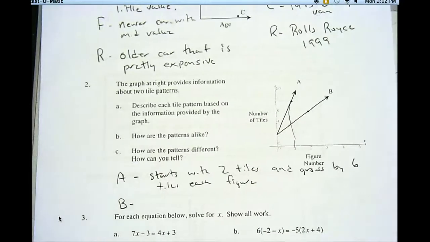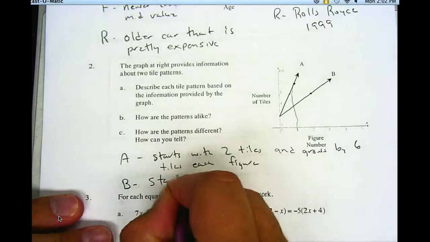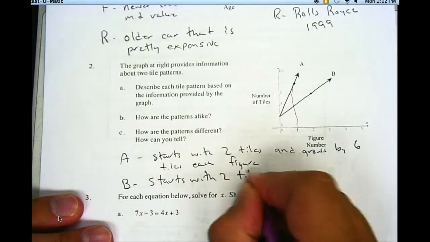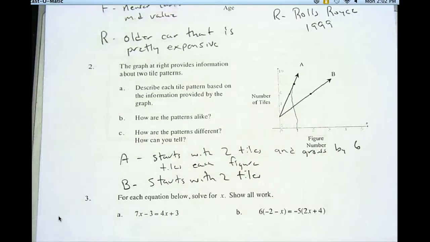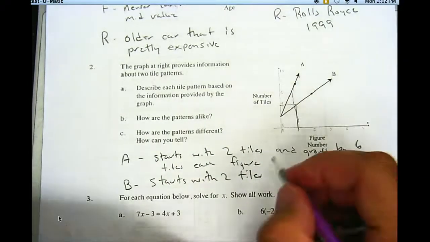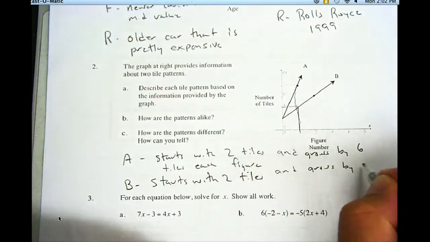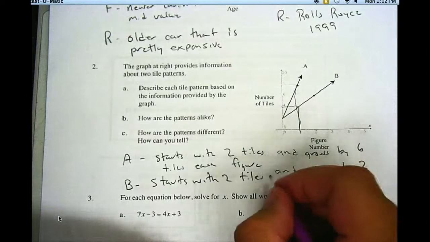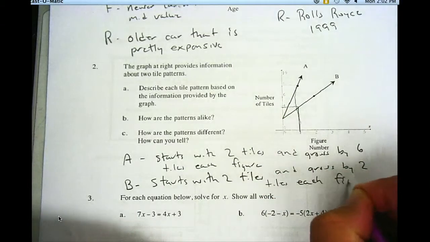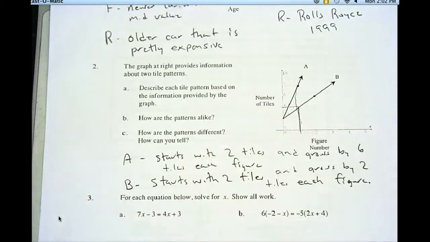Then we have B, which also starts at 2 tiles. And that one at 1 looks like it's only at 4. So it grows by 2 tiles each figure. Okay?